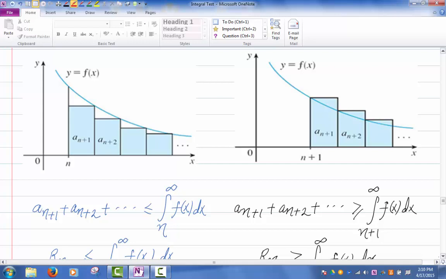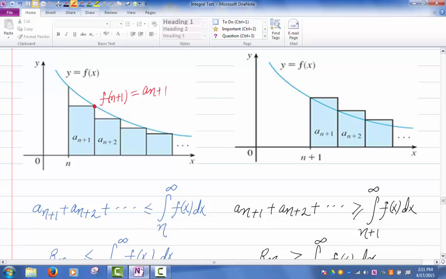The height of the first rectangle is f of n plus 1. But remember, f of n plus 1 is the same as an plus 1, right? We defined an by taking an to be f of n. So then I know that the area of the first rectangle would be an plus 1. What would be the area of the second rectangle? An plus 2. The third rectangle, an plus 3, and so on.